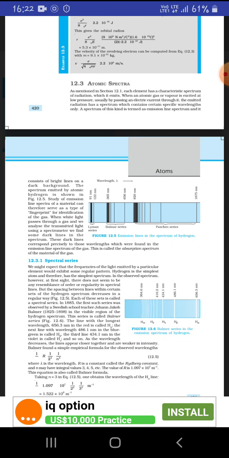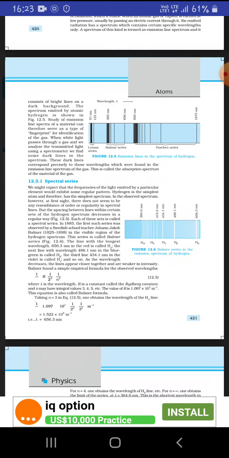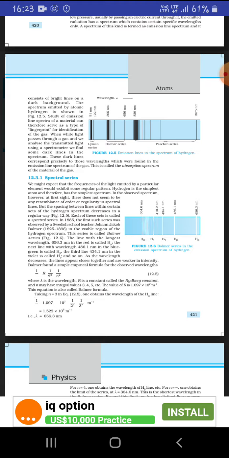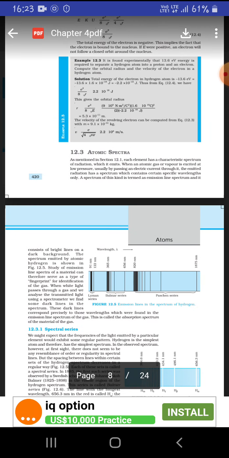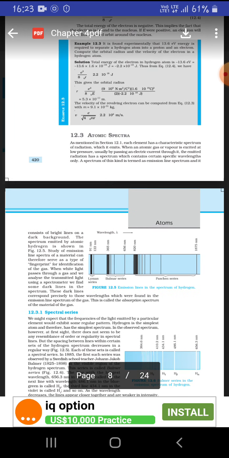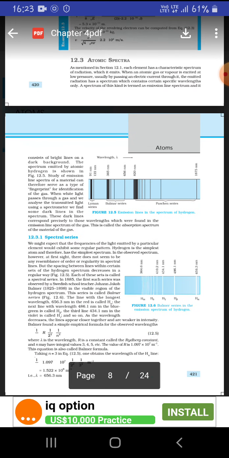Next is atomic spectra. Each element has a characteristic spectrum of radiation which it emits when an atom, gas or vapor exists at very low pressure. The emitted radiation spectrum contains certain specific wavelengths, and it consists of bright lines on a dark background.